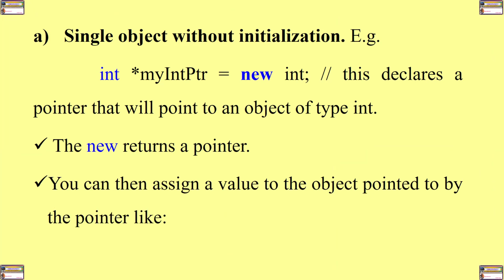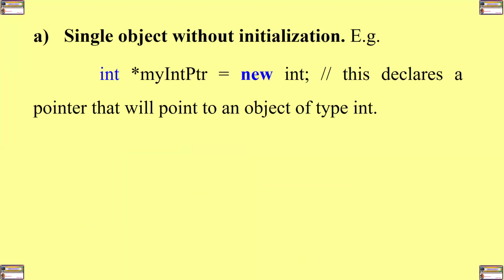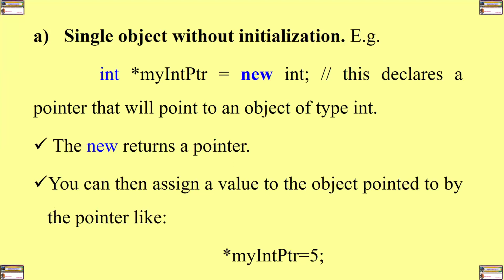You can then assign a value to the object pointed to by the pointer, for example, as follows. So in this case, instead of having a separate variable to hold a value like 5, once you have declared your pointer that will point to an object, you can then assign a value to that object being pointed to by the pointer, called myIntPointer, as you can see.